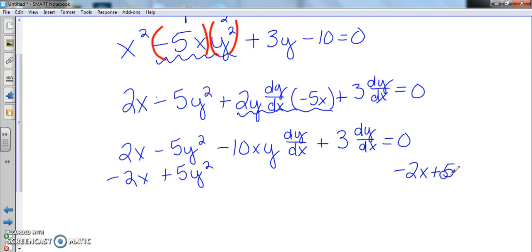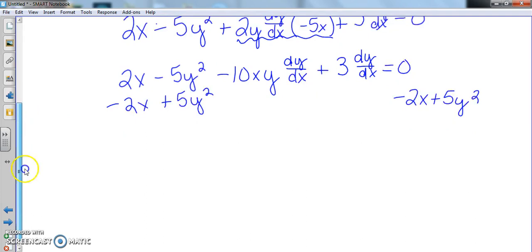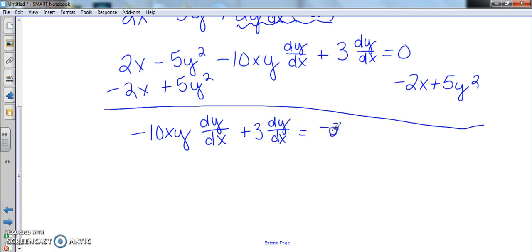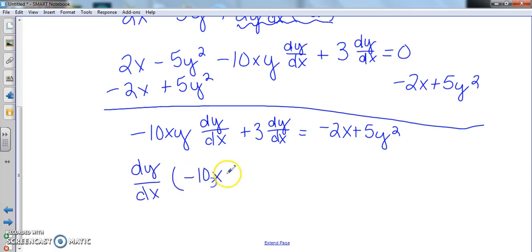Let me move this down. So we get negative 10xy dy/dx plus 3 dy/dx is equal to negative 2x plus 5y squared. Factor out a dy/dx, and I get negative 10xy plus 3 equals negative 2x plus 5y squared.